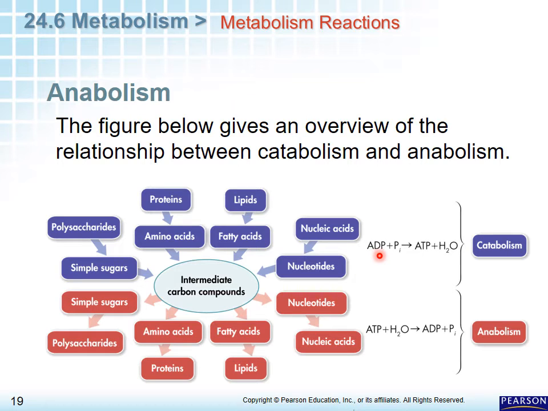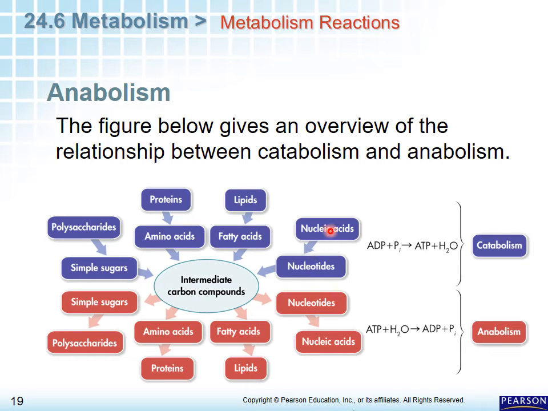In catabolism, ADP adds a phosphate group and becomes ATP, so it stores the energy. In anabolism, this energy is released, ATP is hydrolyzed and releases the energy. And this released energy we use to build up the complex molecules.